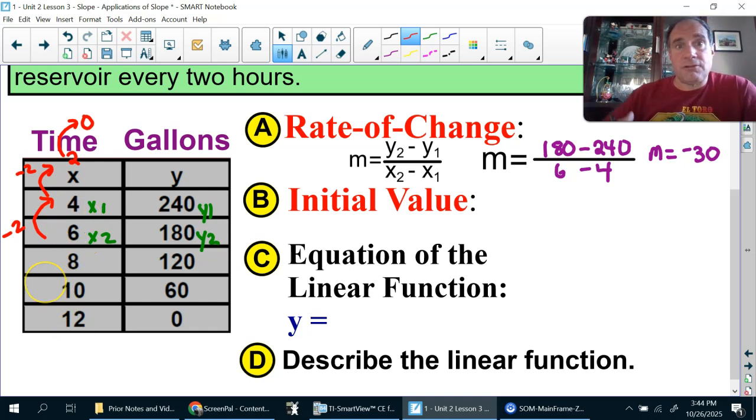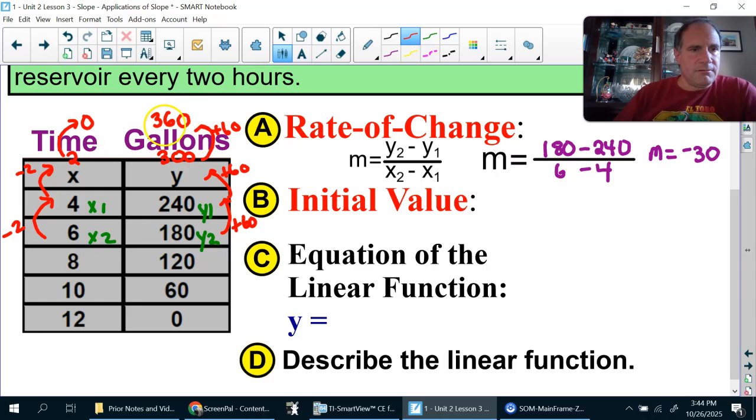Because your x is increasing by 2 all the way down, if you go backwards, it's minus 2. So if we go backwards, 180 to 240, that is plus 60. Going backwards again, plus 60, that's 300. And then one more time, plus 60, that would be 360.